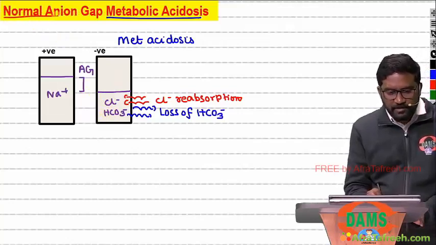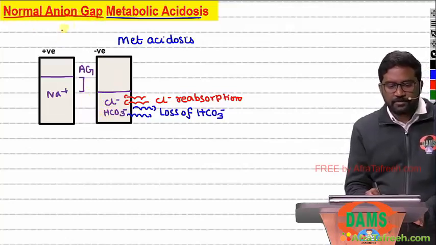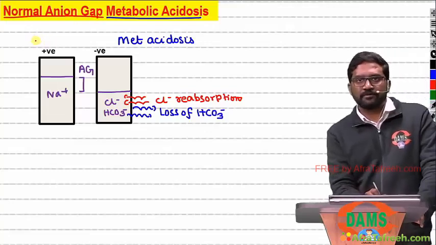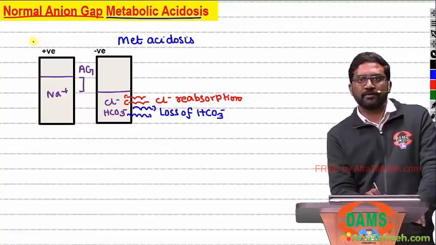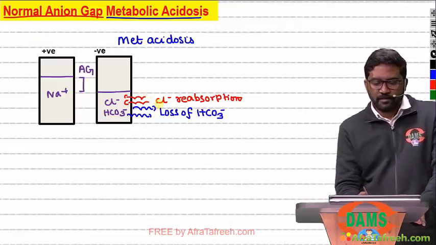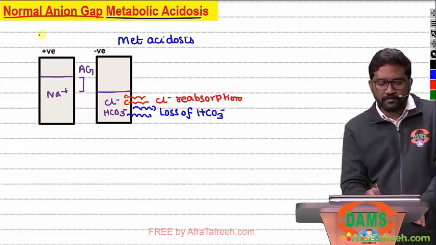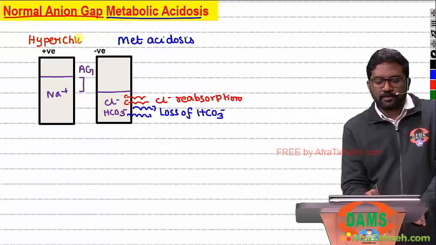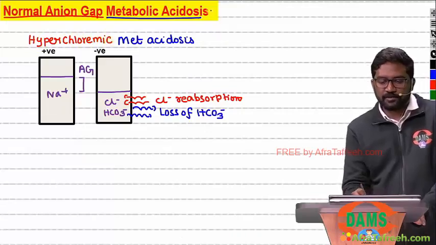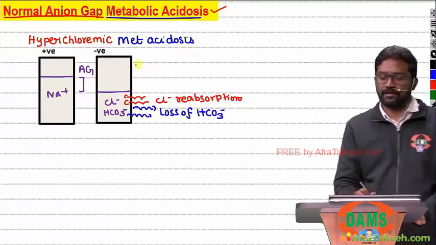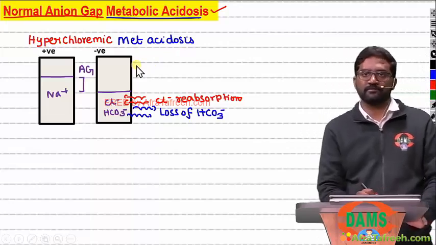So there is metabolic acidosis, but no change in anion gap. So it is called as normal anion gap metabolic acidosis, because chloride has come back in excess. In some books, this phenomenon is also called as hyperchloremic metabolic acidosis, but always the best name is normal anion gap metabolic acidosis.